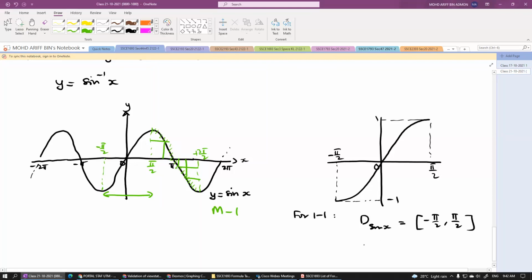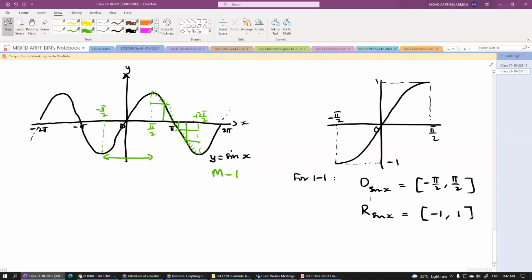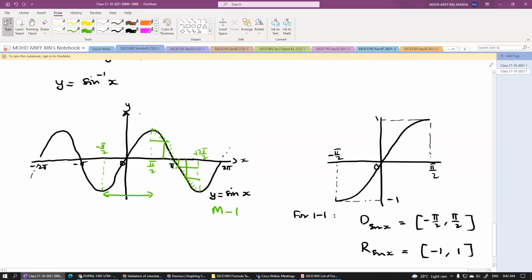And the range now becomes similar. This is similar to our original sine x. So we are getting -1 to +1, including both. Now you may draw your graph. Draw your graph.